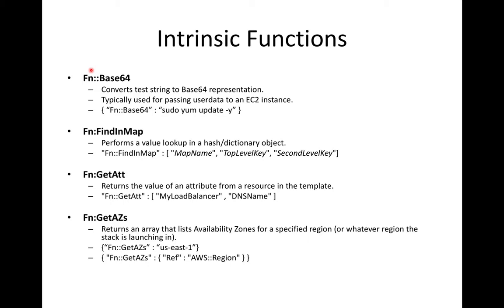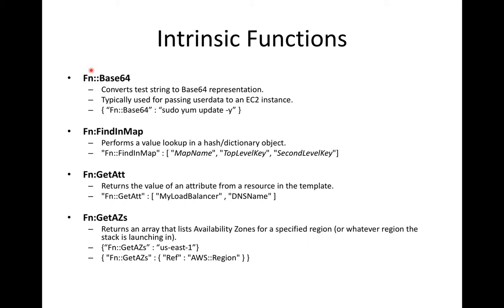And really the only time I ever use this particular function is when I want to define user data for an EC2 instance. What you don't realize is that behind the scenes, when that user data is defined and it's passed to the EC2 instance via the API, that text information has to be passed in base64 format.